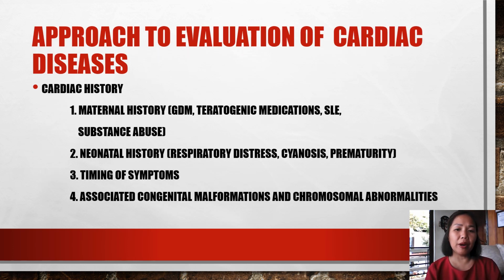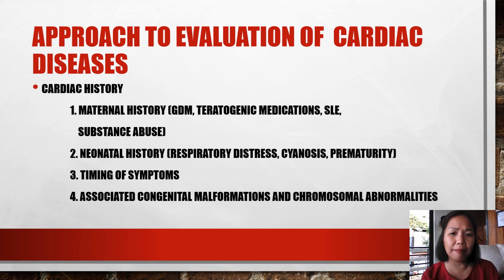Perinatal history is paramount to evaluation of cardiac disease. Maternal gestational diabetes, teratogenic medications, systemic lupus erythematosus, and substance abuse are associated with cardiac lesions. If there are symptoms, it is important to know when the symptoms started.